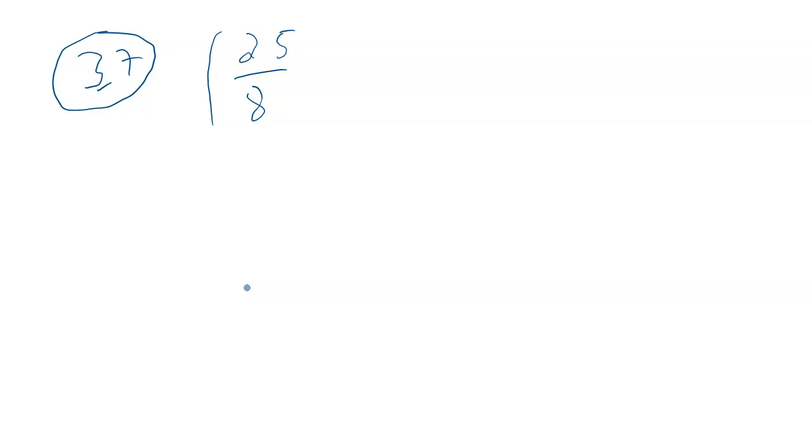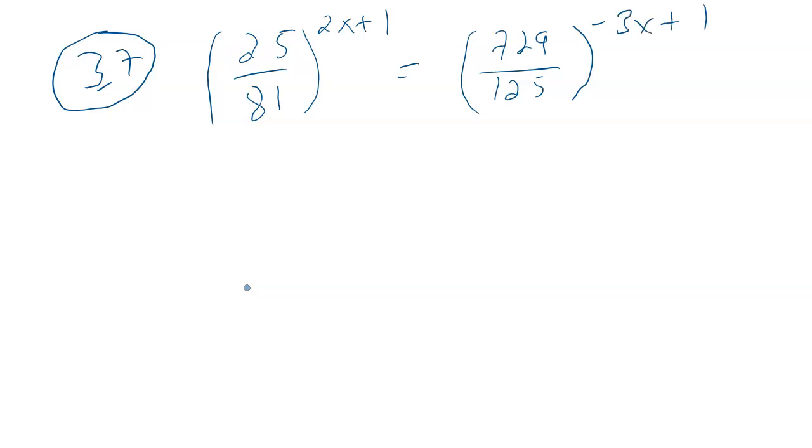Just looks painful. 37: 25 over 81 raised to the 2x plus 1 is equal to 729 over 125, and this is raised to the negative 3x plus 1.